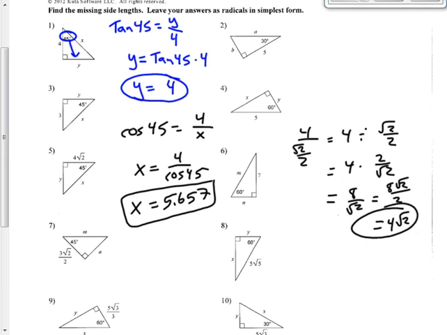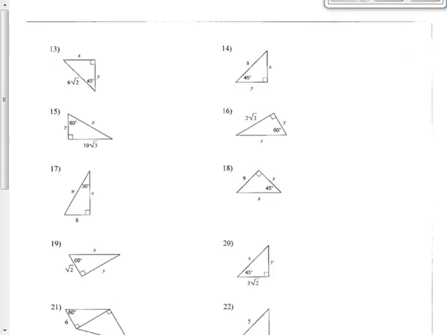But you don't have to do that. It's not necessary, but it would be really, really cool if you did. So go through and do those special triangles.